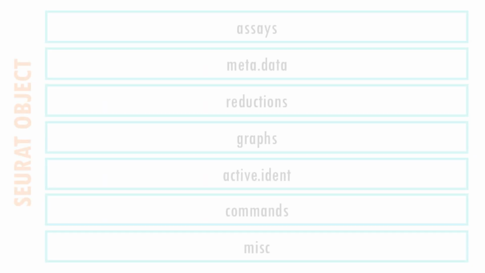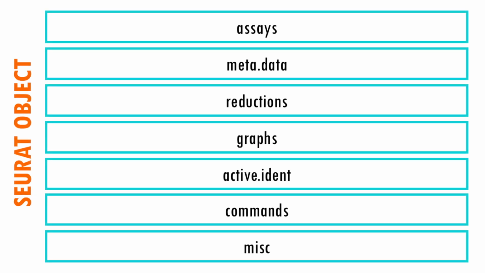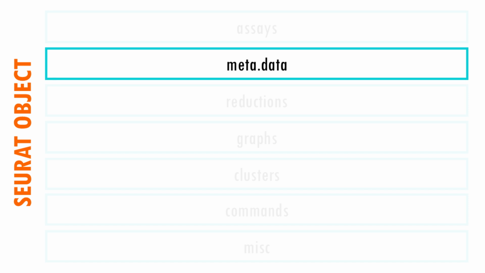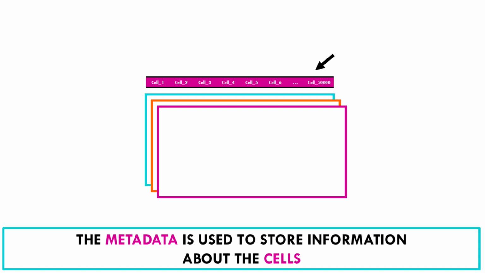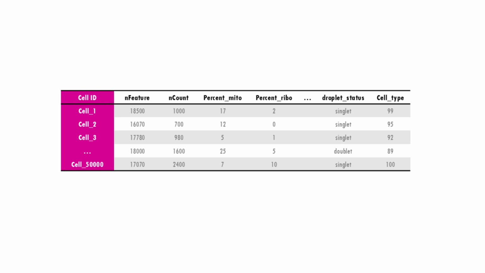Nice! So what other information can we store in a Seurat object? Of course, a very useful slot is the metadata slot. The metadata is used to store information about the cells, whether that is cell type, their percentage of mitochondrial counts, whether they were treated or not during the experiment.